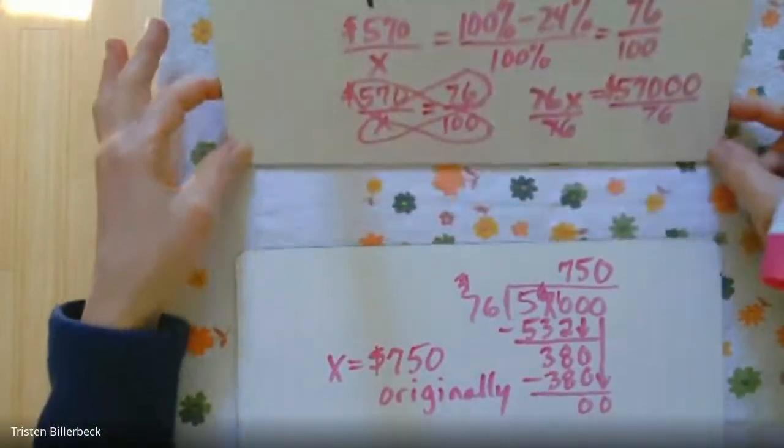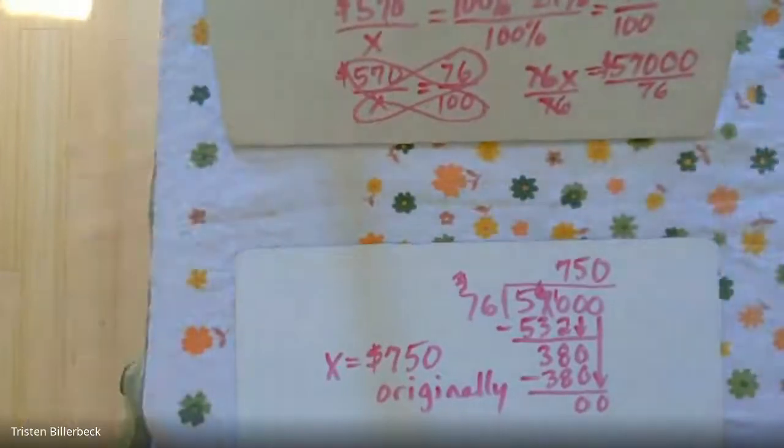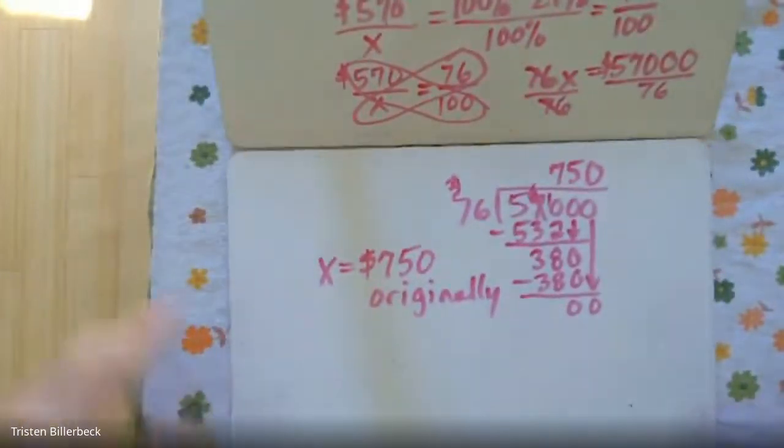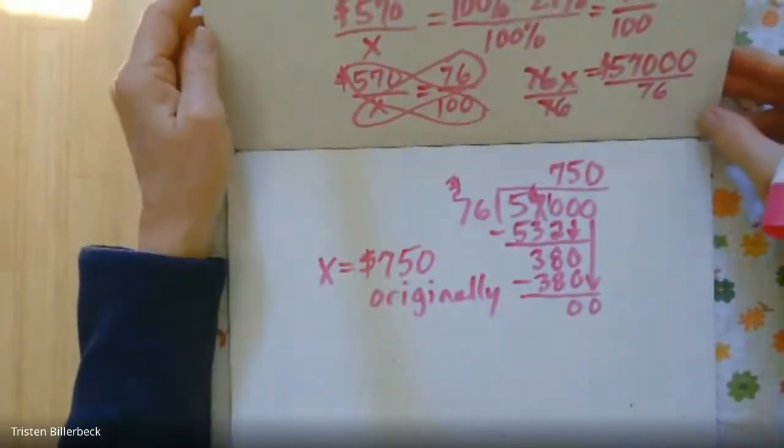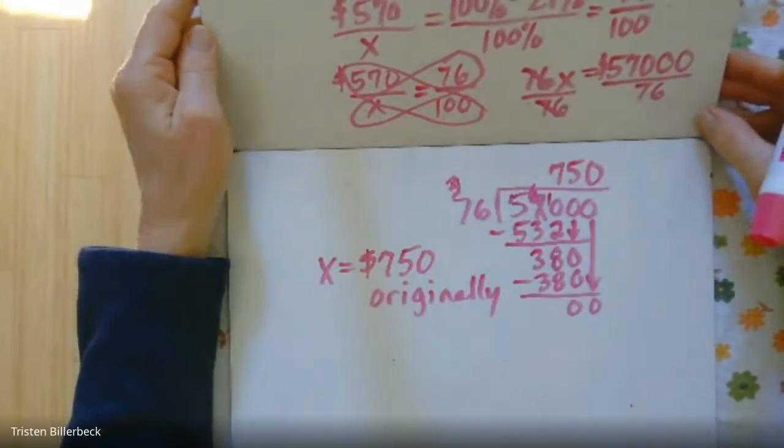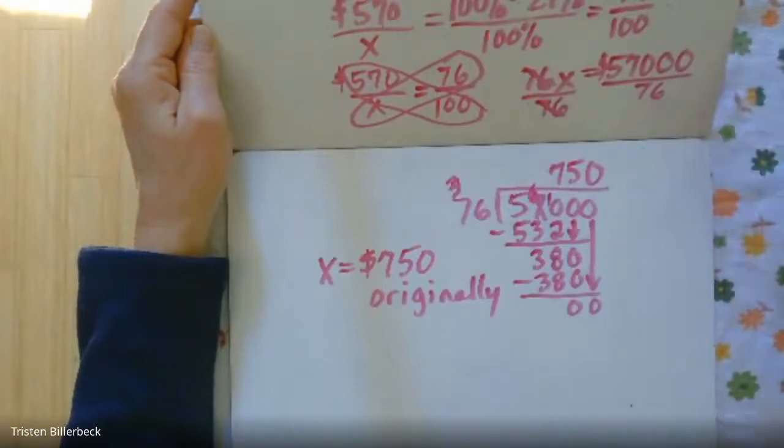Okay, so now what we're going to do is do a little bit of thinking. If the TV were sold at a 15% discount and then a further 9% discount on the discounted price, how much more or less would this selling price be? So 15 plus 9, of course, is 24%.